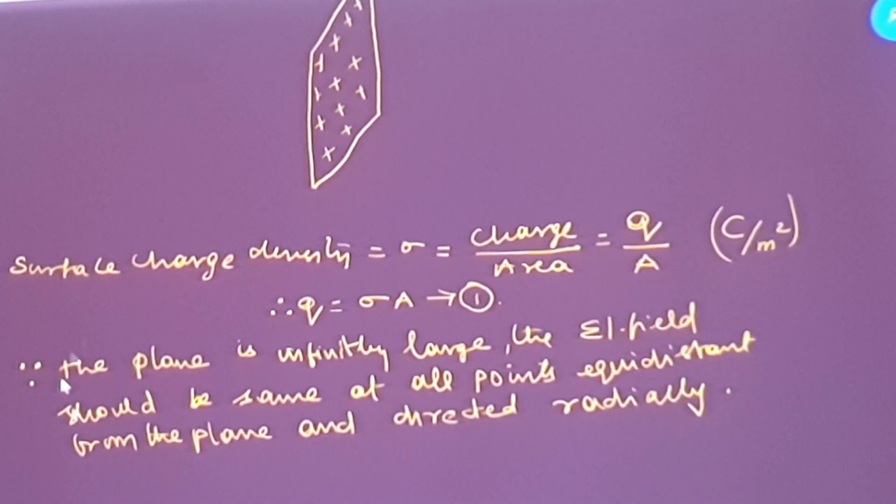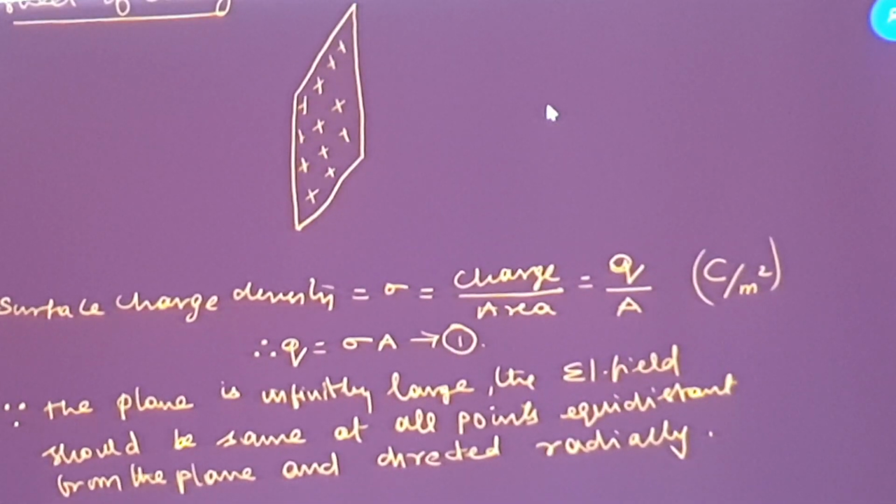What do you mean by this? I am considering the diagram again. This is the plane sheet of charge. If I consider a point P at a distance r from this plane sheet, then symmetrically we can consider another point on the other side at the same distance r. Let us call these points P and P dash.